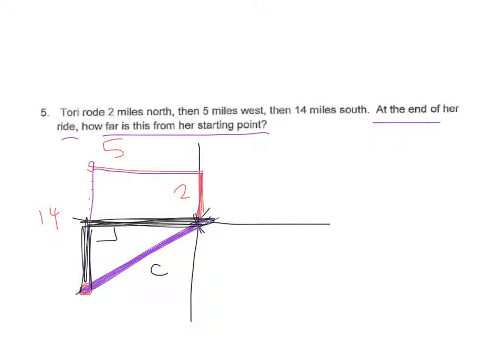So this distance is 5. This distance is not 14. This is 14, but then you also have to take away the 2 that she already went up. So this has to be 12. So in the end, you're answering 12 squared plus 5 squared equals C squared. And when you calculate C, you end up getting 13 after you take the square root.